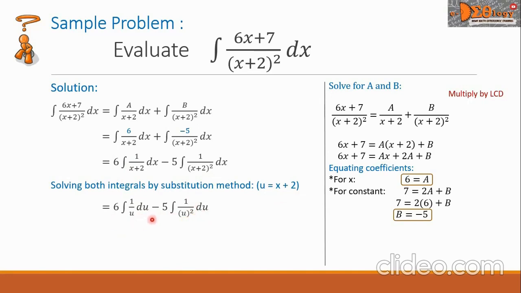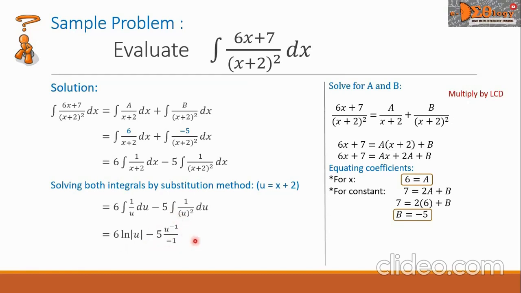In the first integral, we will have a natural logarithm as the answer, while in the second integral, we are going to use the power rule of integration. So our answer becomes 6 times natural log of the absolute value of u minus 5 times u raised to negative 1 all over negative 1.